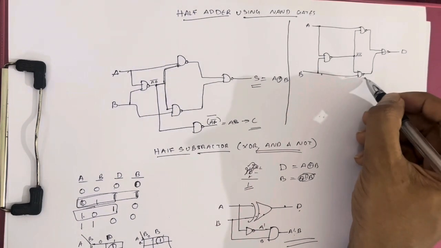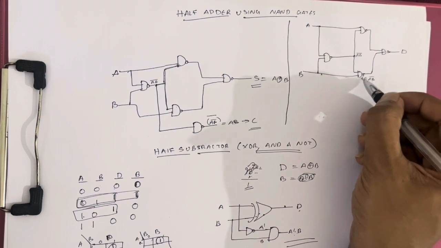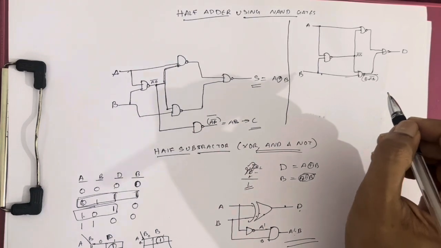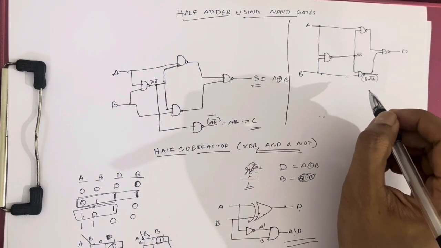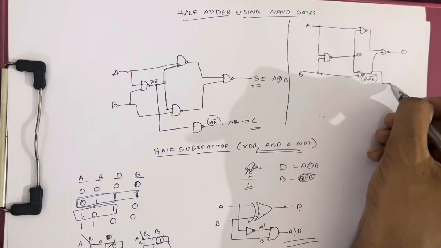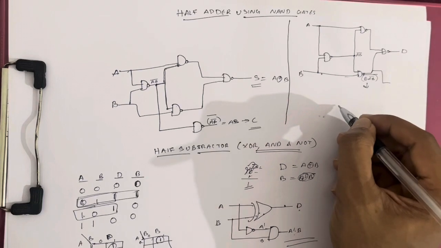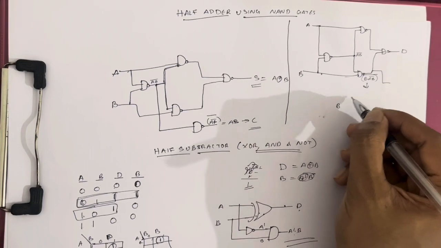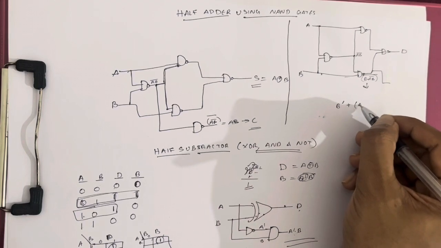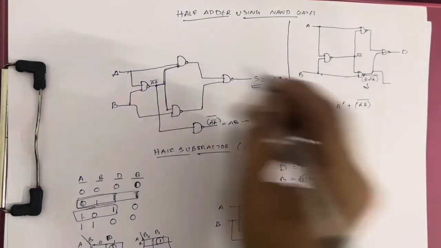Which means it comes as B times AB whole complement, and we know by using De Morgan's theorem, let's solve this equation, which means B complement plus A complement B complement, whole complement.